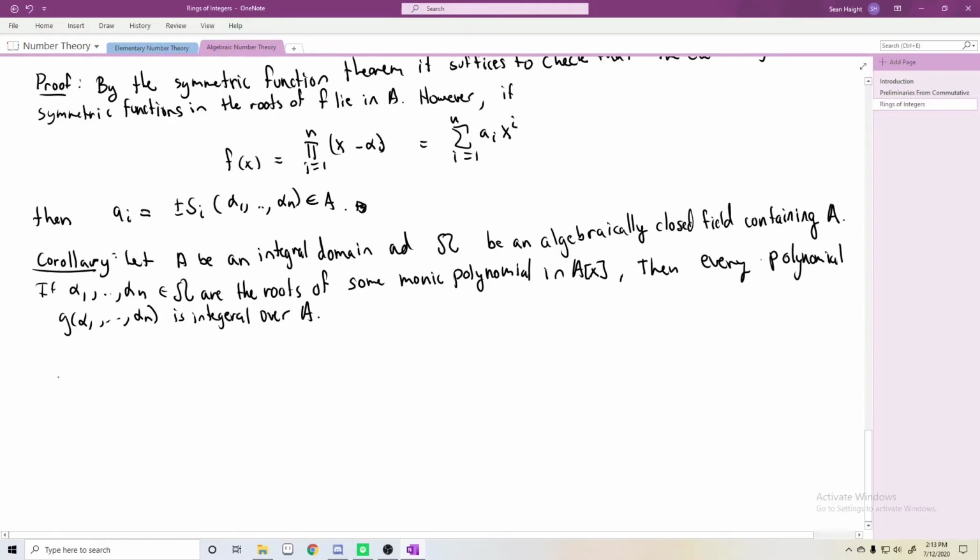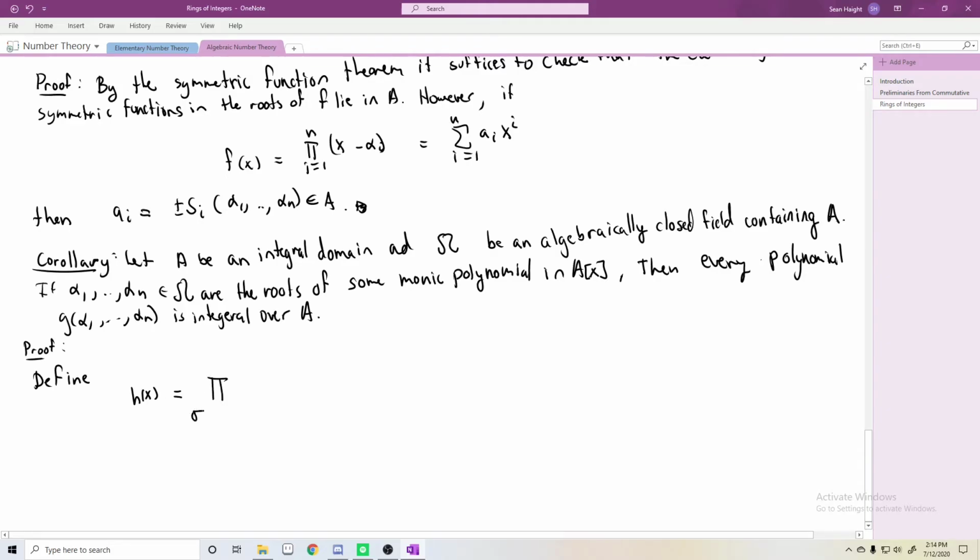So the way we're going to do this is we're going to write down a polynomial which has G as a root and such that the coefficients are symmetric in the roots, so that the coefficients have to necessarily lie in A. Okay. So proof: I'm going to define a polynomial h(x).